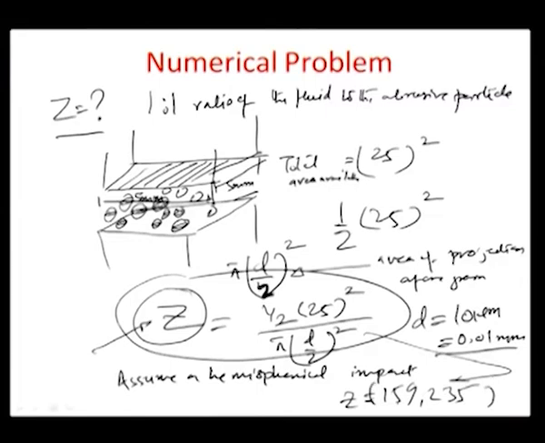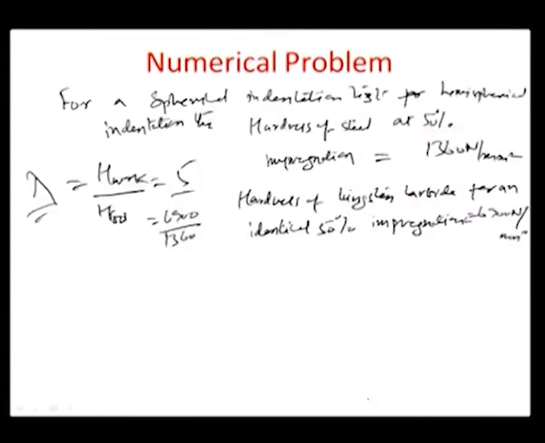So many particles are there between this tool surface and the workpiece surface, assuming a 1:1 ratio of the fluid to the abrasive particle in the slurry. So, we already have the Z value, we have calculated the lambda value, and now the question of the grain projection comes into picture.